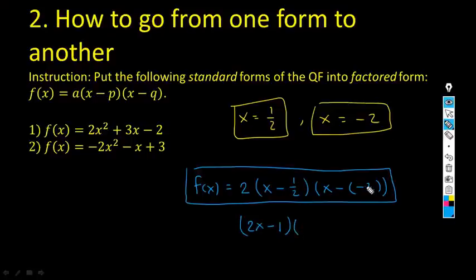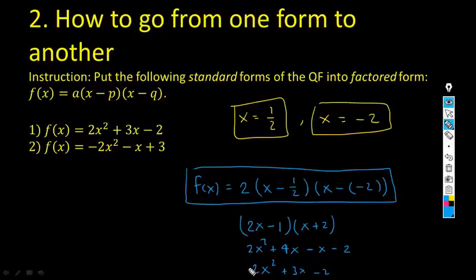And then this other binomial, after I multiply minus times minus, I get plus. And then I have to multiply these two binomials. FOIL, let's do it very quickly. 2x times x, 2x squared. 2x times plus 2, I get 4x. Minus 1 times x, I get minus x. And minus 1 times plus 2, I get minus 2.